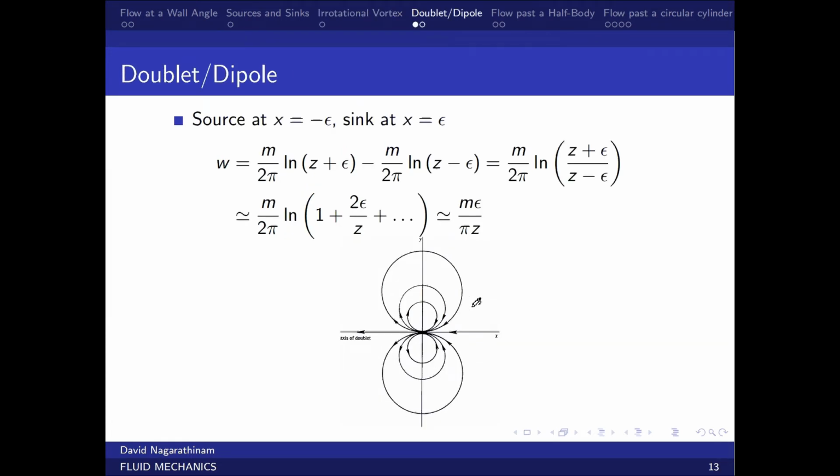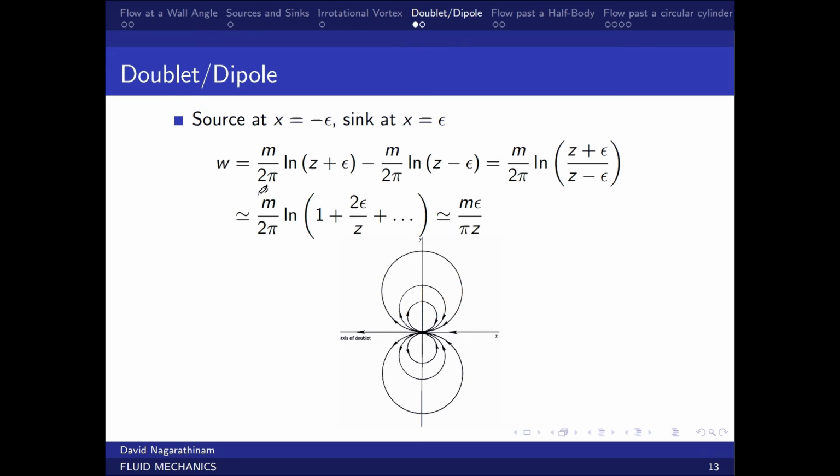Now let's consider a potential flow called a doublet flow. A doublet flow is formed by bringing a source and a sink, which are set apart from each other by 2 epsilon, where epsilon is a very small parameter.